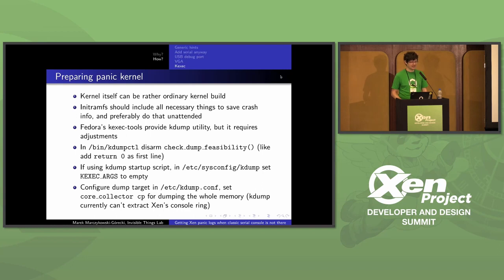Then if you want to use the kdump service, a startup script that automatically loads the crash kernel, then in /etc/sysconfig/kdump there is an option for kexec. You need to clear the kexec args option, because on Fedora it's configured to be compatible with secure boot.